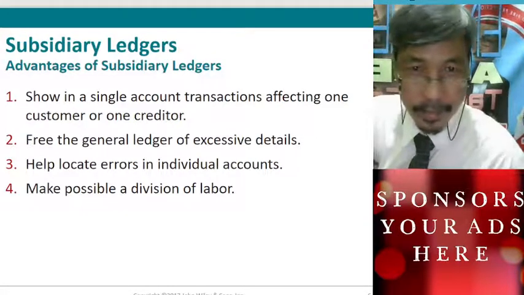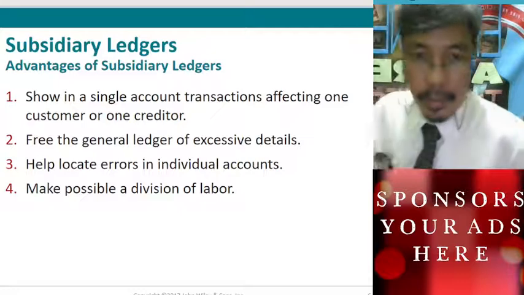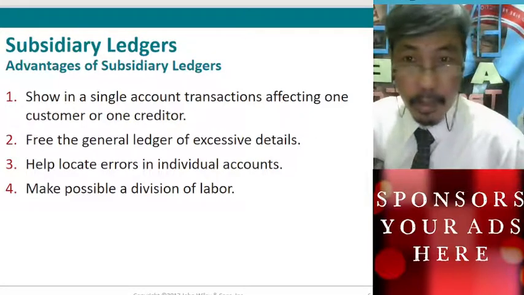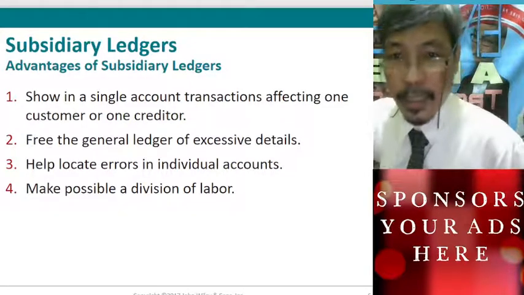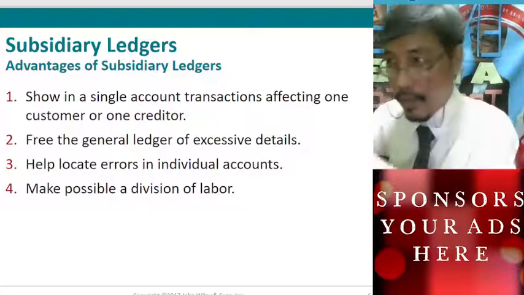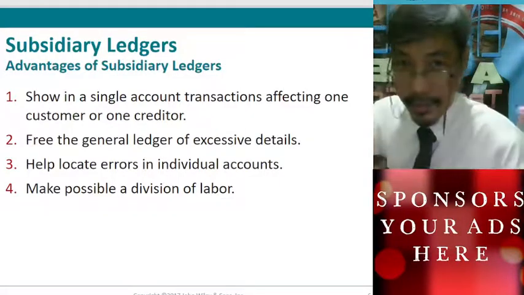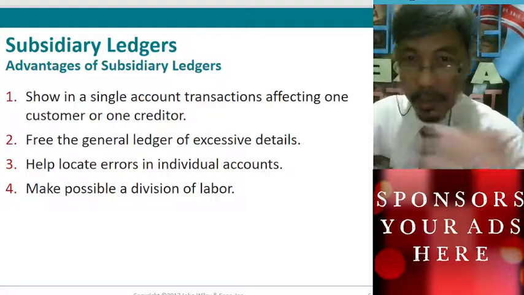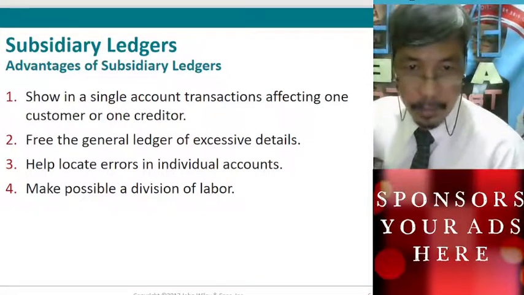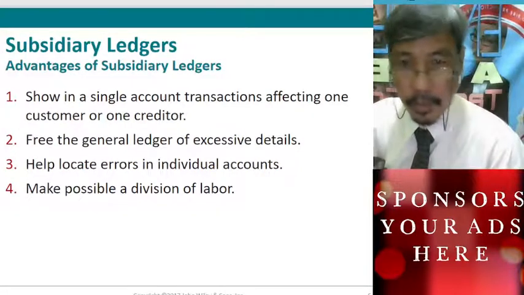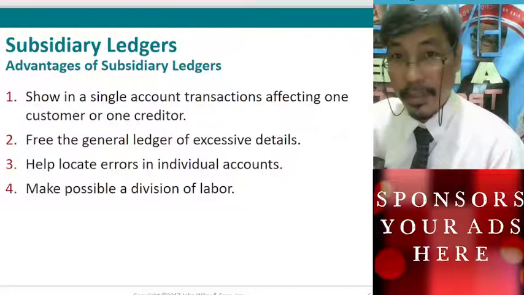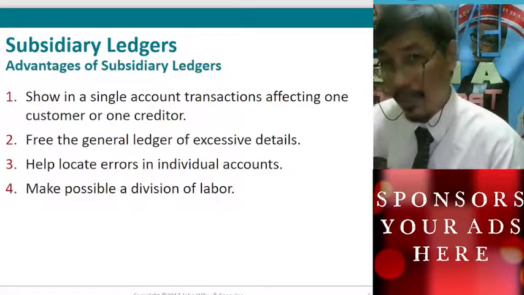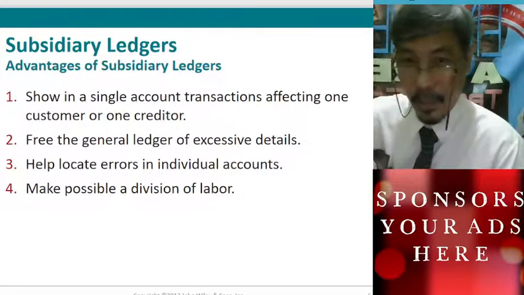Okay? And number 3, help locate errors in individual accounts. Very easy to locate errors by just the reference. It is referred to this, it is referred to this. Okay? And number 4, make possible a division of labor. So there are several staff assigned to one subsidiary.